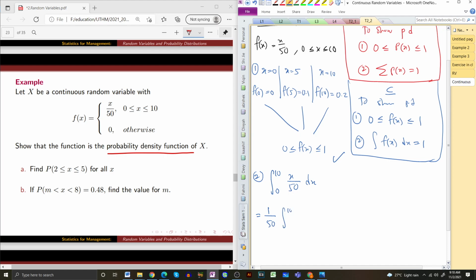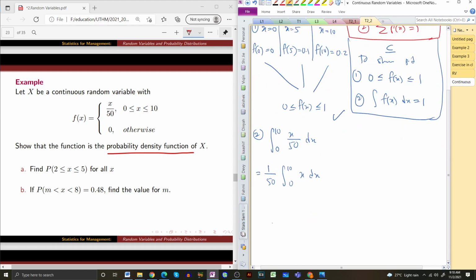Constants you can take out. Second condition also fulfilled.